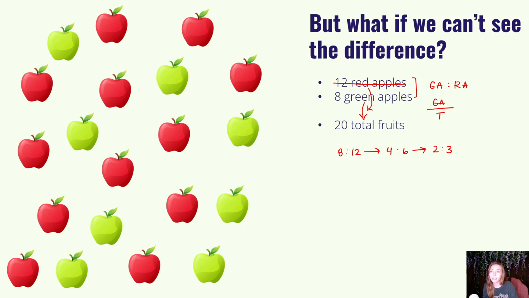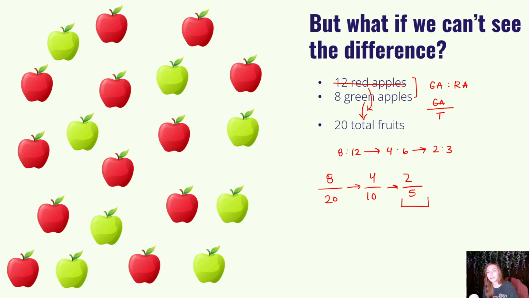For 8 green apples in the system to 20 total fruits, that breaks down to 4 over 10, which breaks down to 2 over 5. My friend has a 2 in 5 chance of biting a green apple if he goes bobbing for apples blindfolded in this barrel, which means he has a 2 in 5 chance of having an allergic reaction.